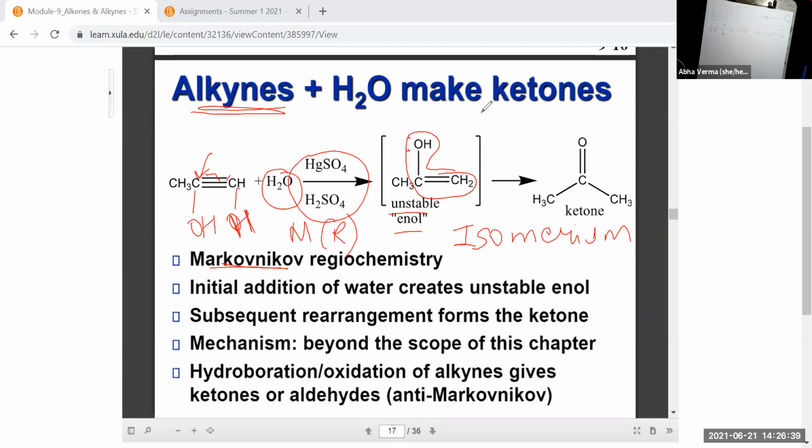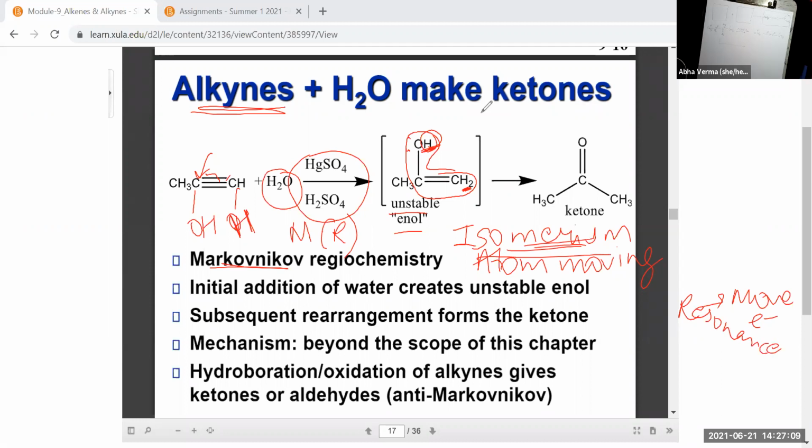In a resonance, we only move electrons. But in this isomerism, a hydrogen moves from OH to one of these carbons. So because an atom is also moving, we do not call this movement of electrons resonance. We call it isomerism.